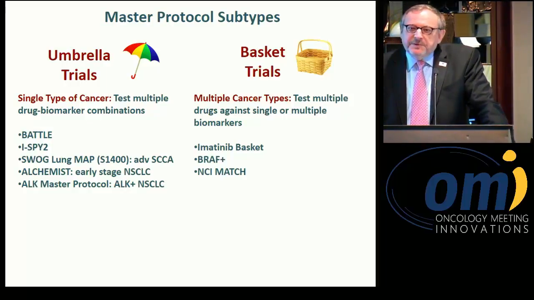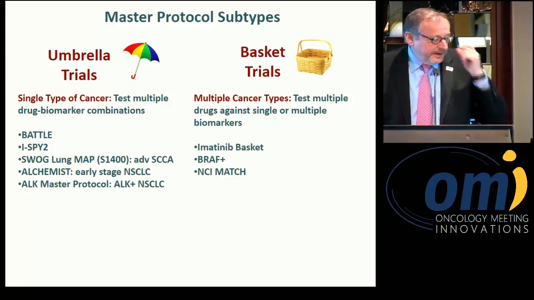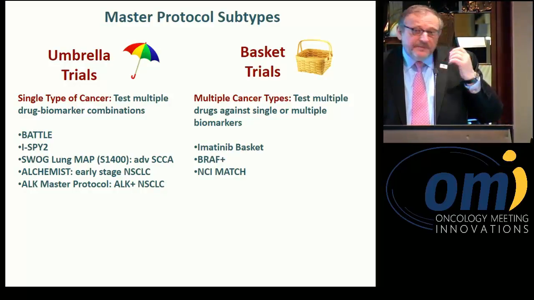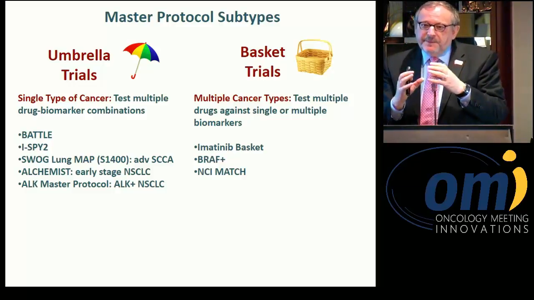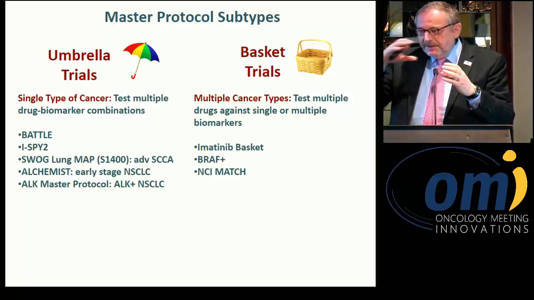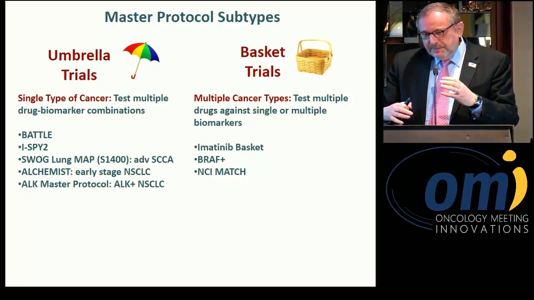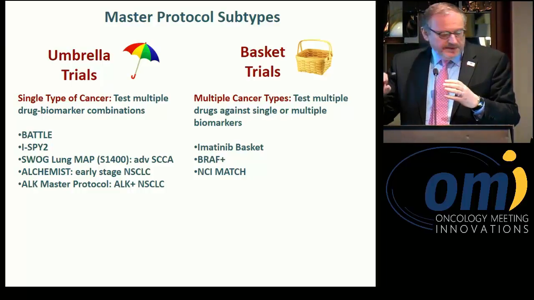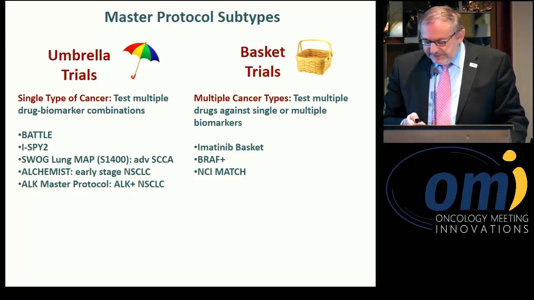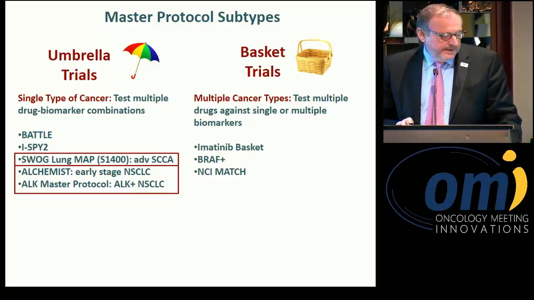We have two main types of master protocols. We have the umbrella trials, where we are focusing on one single cancer type. Within lung cancer, for example, we have a lot of abnormalities and link them to clinical trials. That is umbrella trials, and I will talk about ALCHEMIST and LungMap.